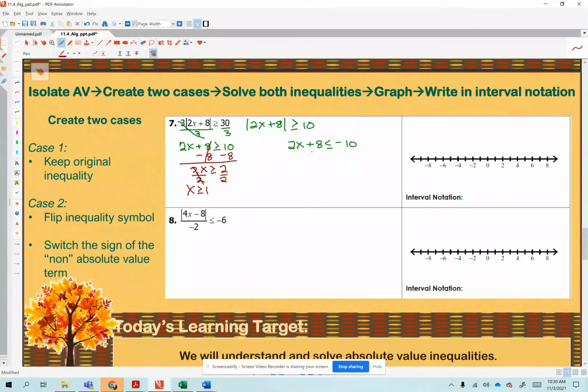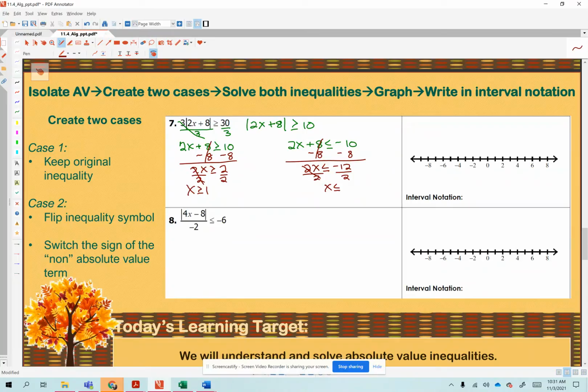And on the right side inequality, I will again subtract 8 from each side so I can isolate 2x. And I'll have 2x is less than or equal to negative 12. And when I divide both sides by 2 so that I isolate x, I will have x is less than or equal to negative 18... negative.